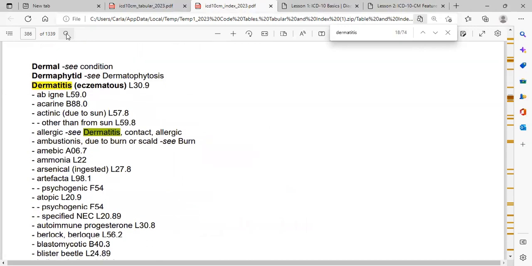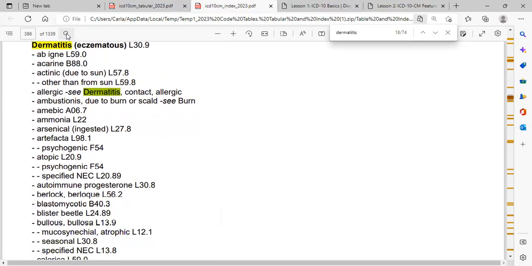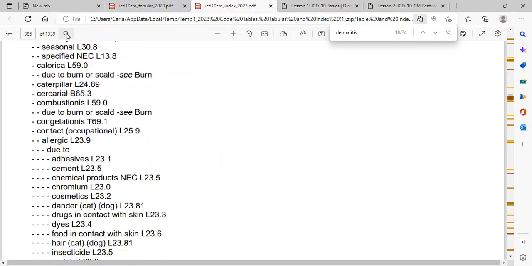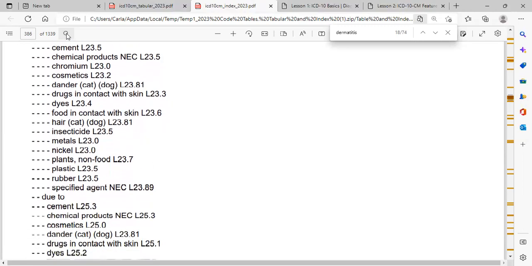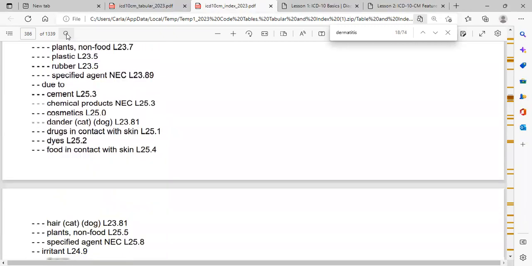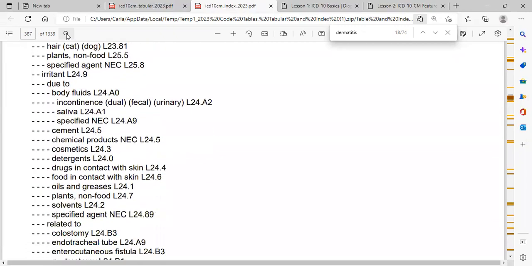You see it is highlighted there, dermatitis, allergic, see dermatitis, contact, allergic. Okay, so we're going to go down to look at contact as it told us, then allergic, and it is taking us to contact, and then we have allergic. We've got our L23 here. I'm still looking if there's anything in particular that I want to look at.